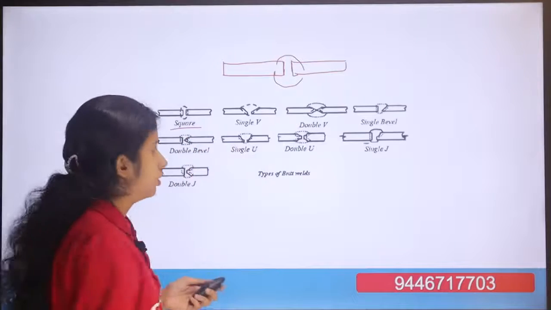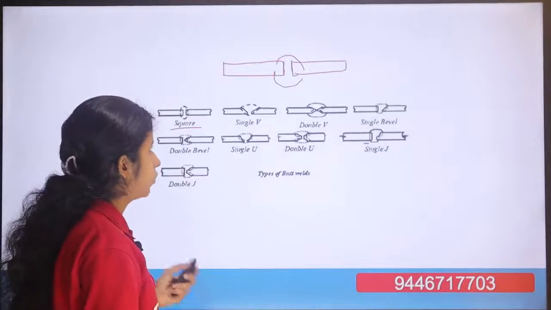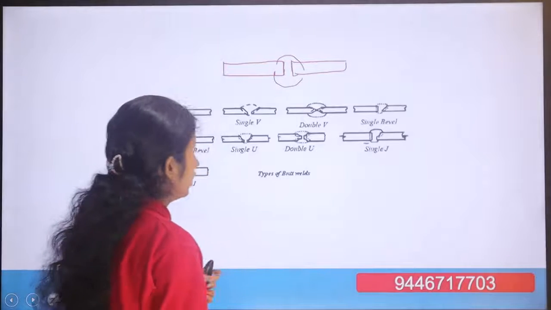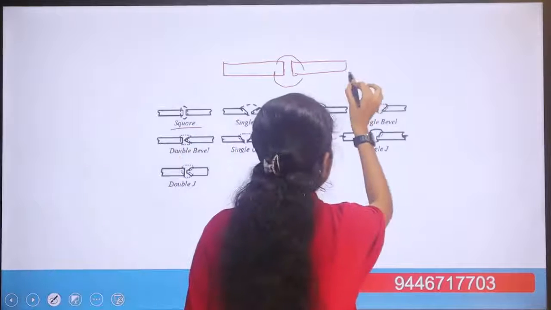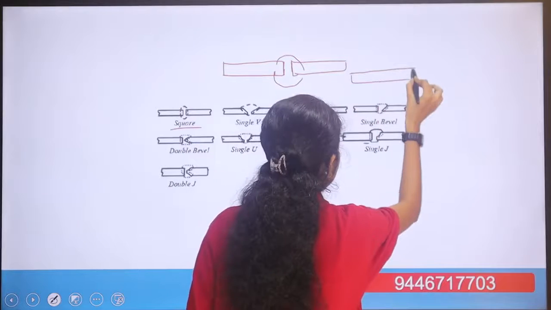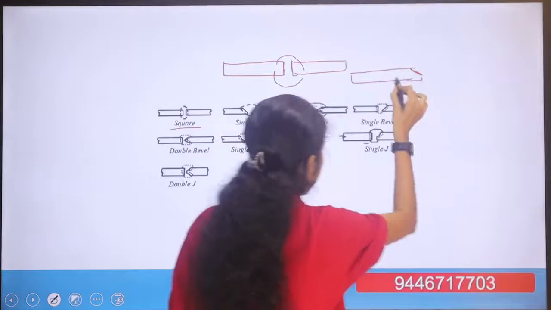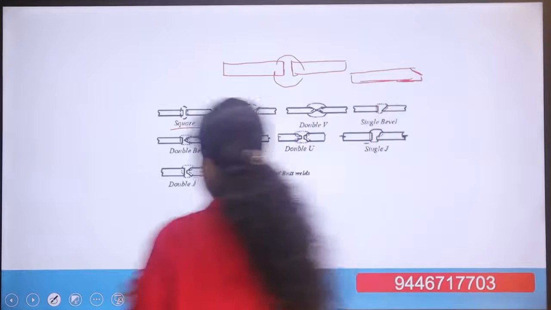Next is the single V butt weld. In a single V butt weld, we should see the shape: a V shape is provided here.